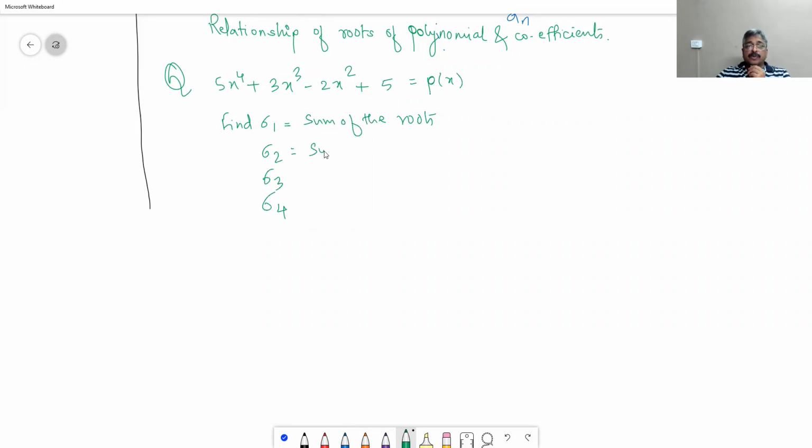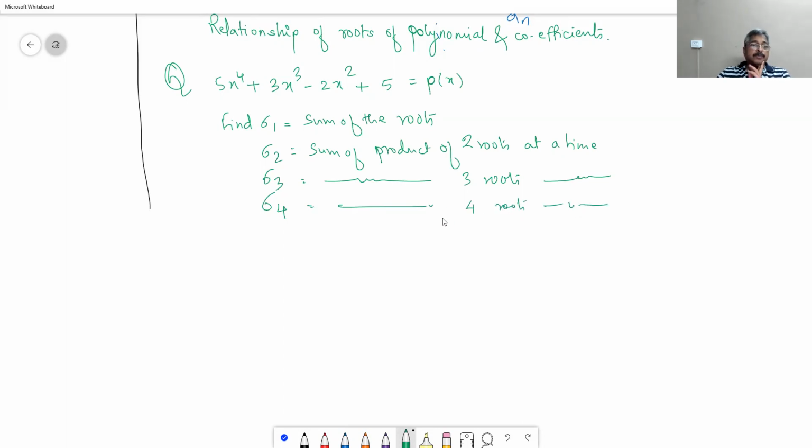Sum of the roots; sum of the product of two roots at a time; sum of the product of three roots at a time; sum of the product of four roots at a time. Right?